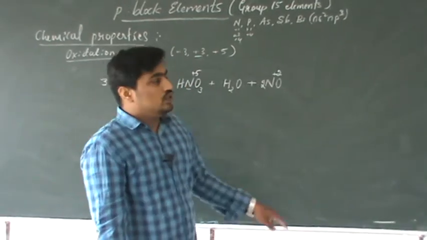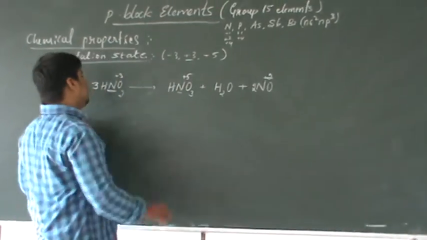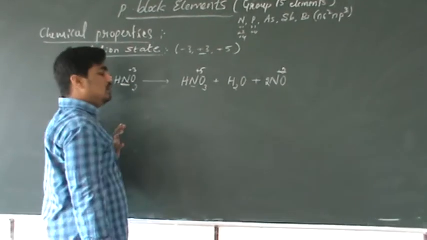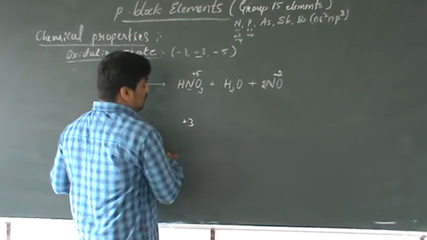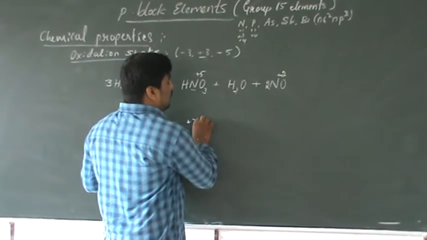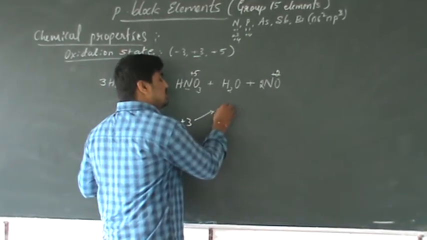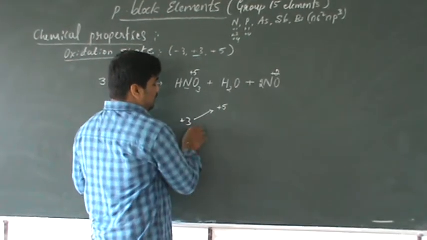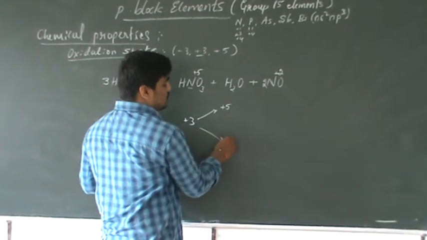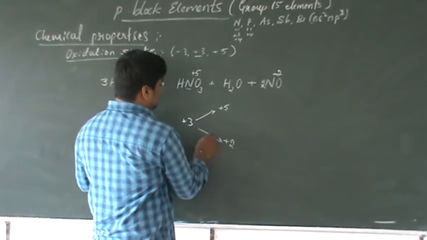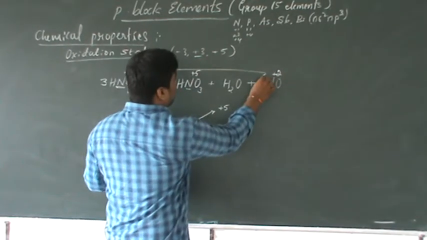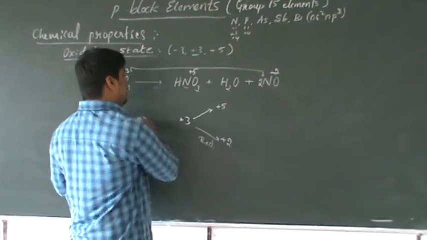Correct? So clearly observe the nitrogen before the reaction, which has the +3 oxidation state. After the reaction, it increases its oxidation state to +5 and also decreases to oxidation state +2. Reduction of nitrous acid gives nitrogen monoxide.